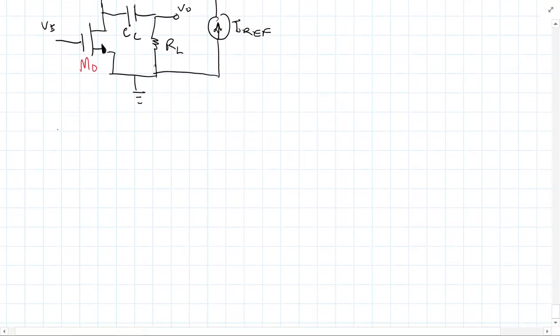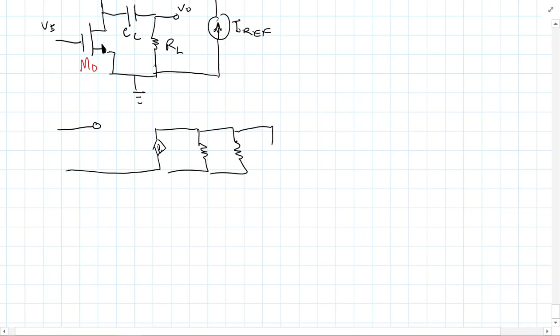And so basically our small signal model is going to look like the following. And that's just a really ugly, rough sketch of it.